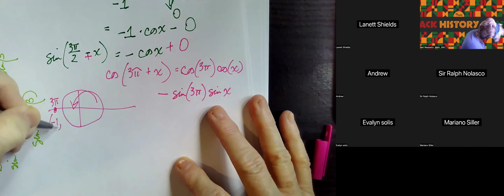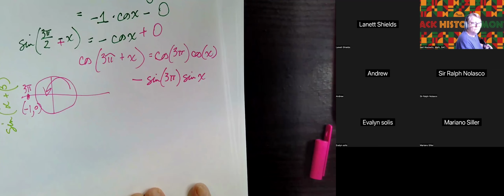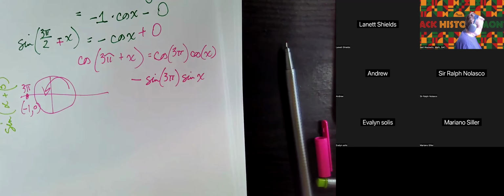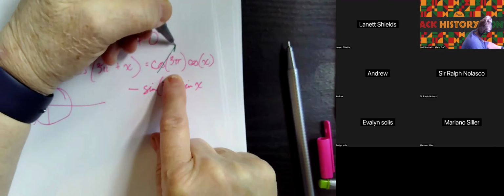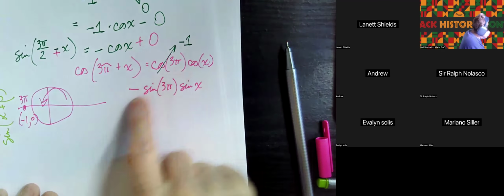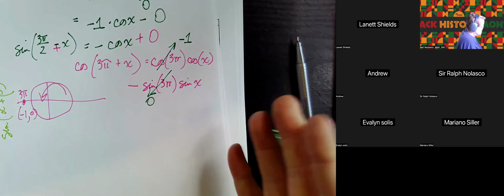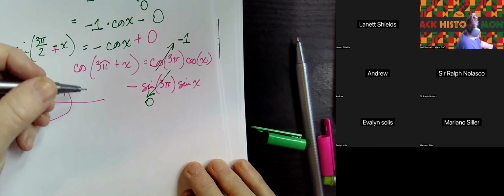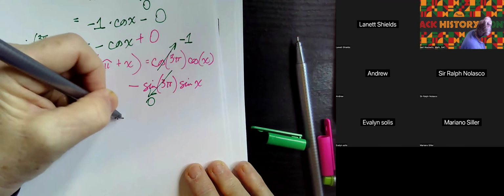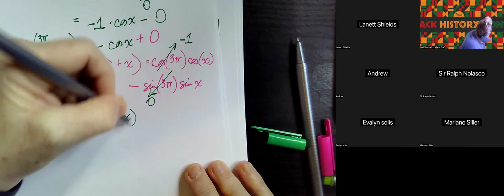Which one is cosine and which one is sine? Cosine is x and sine is y. Okay, awesome. So we've got that the cosine of 3 pi is -1. The sine of 3 pi is 0. So we get a similar outcome, but it's interesting. We get that the cosine of 3 pi plus x will be negative cosine x.